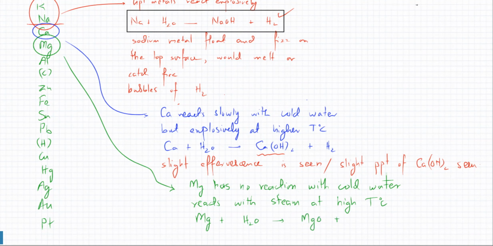So instead of the hydroxide, you get the oxide, and it is kind of the same reaction. That is Mg reacting with steam only. So starting with the top: explosive reaction with cold water for calcium, the reaction slows down with cold water. Mg absolutely has no reaction with cold water, and mostly reacts with steam at high temperatures.